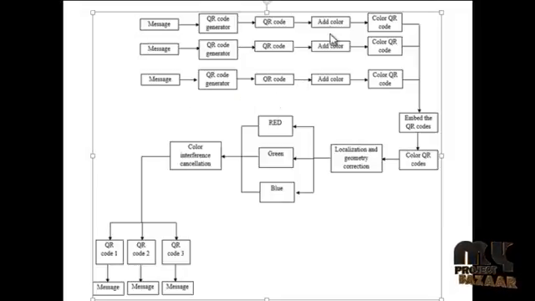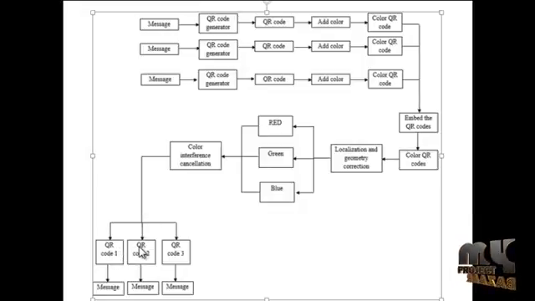Then we add color to each QR code using image processing, and the color QR codes are embedded into each other to generate the color QR code. During decoding, localization and geometry corrections are applied, and then we extract the red, green and blue bands from the color embedded QR code. After extracting the red, green and blue, color interference cancellation is used, and we get the different QR codes.